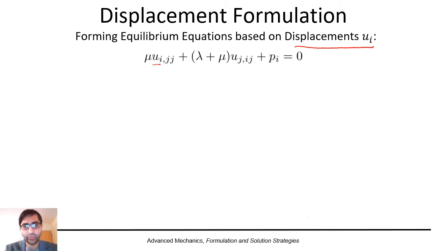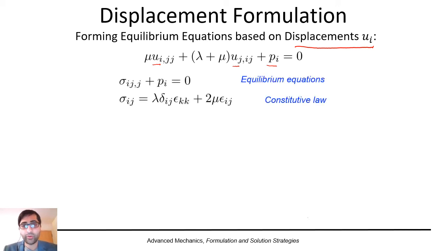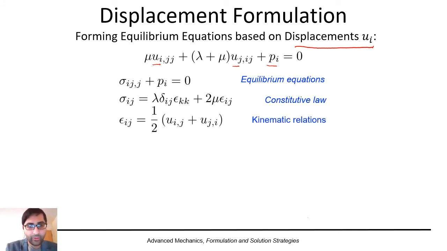You see u is the free parameter here, and we have p loading here, but there is no sign of sigma or epsilon. To find this relation, we use the equilibrium equation, constitutive law, and kinematic relation. We've already seen those.